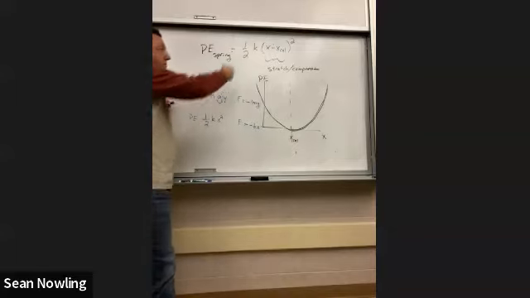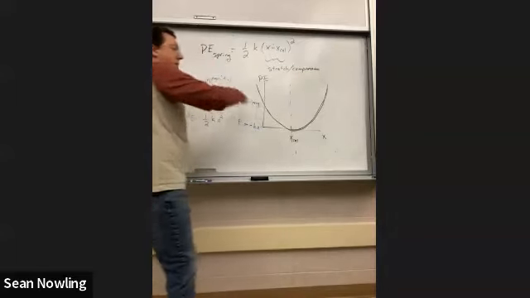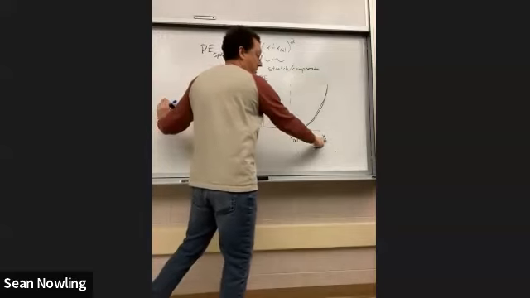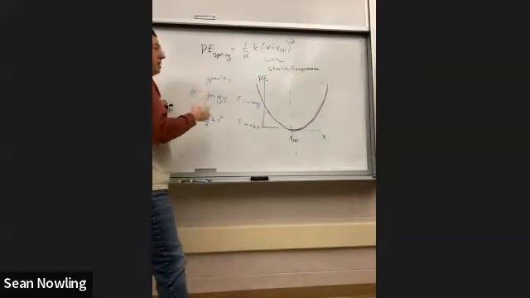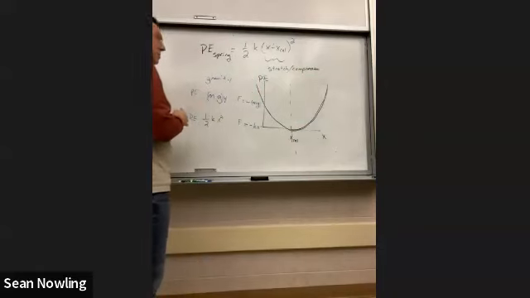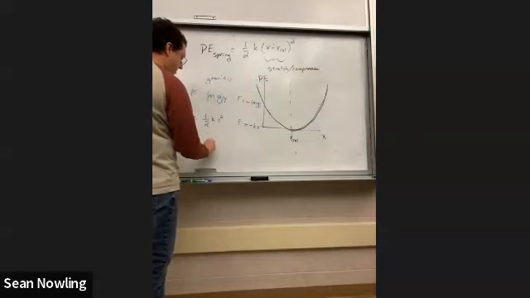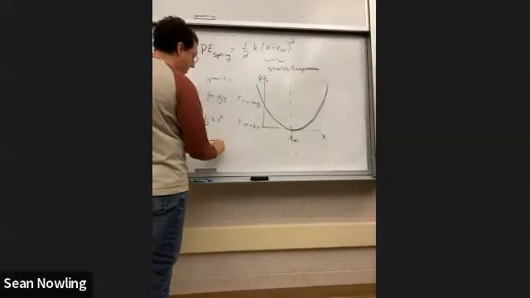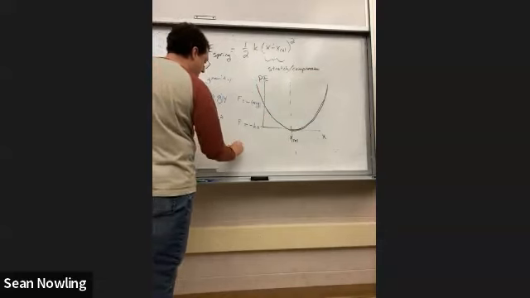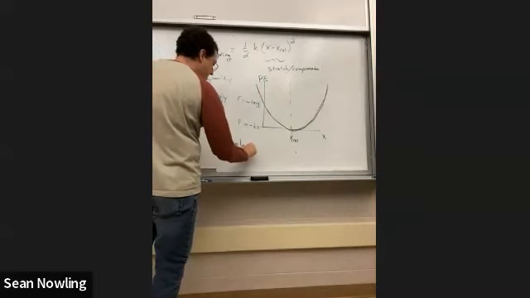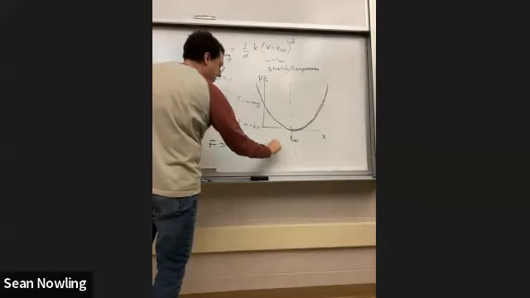So if you graph the potential energy as a function of position, the force is actually minus the slope. That's the actual thing. So that's something you should know, that forces, and this is always true, forces are minus the slope of potential energy.